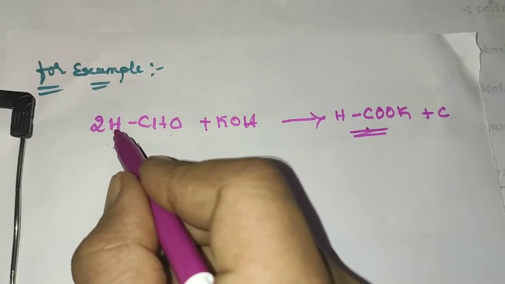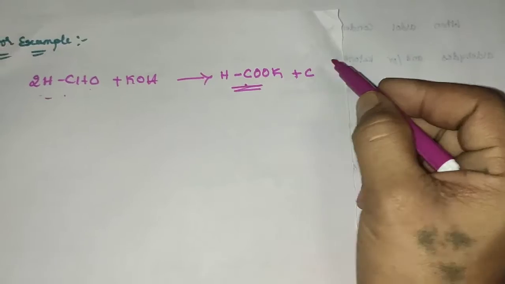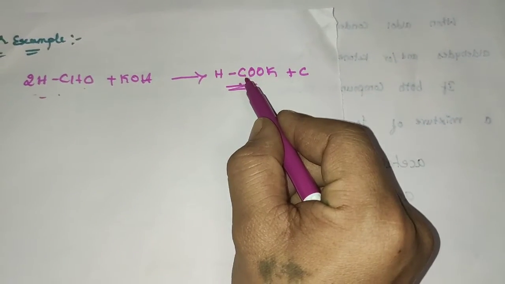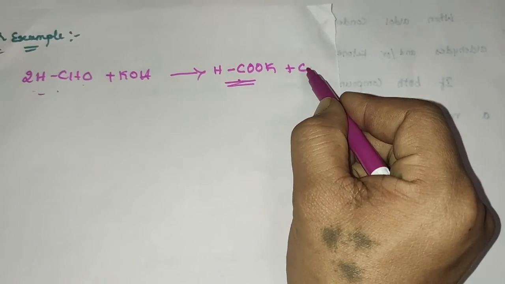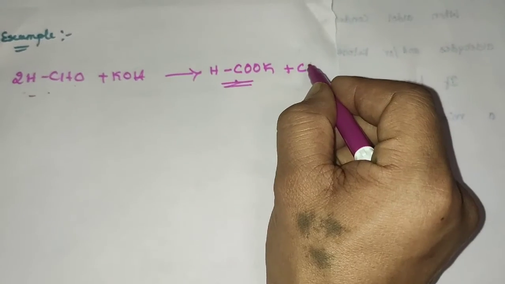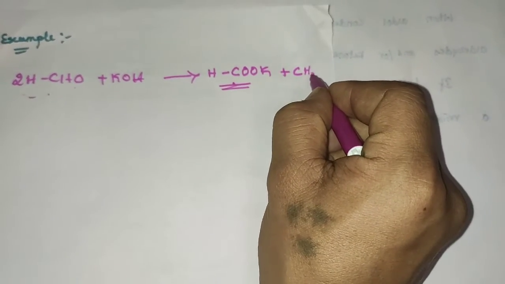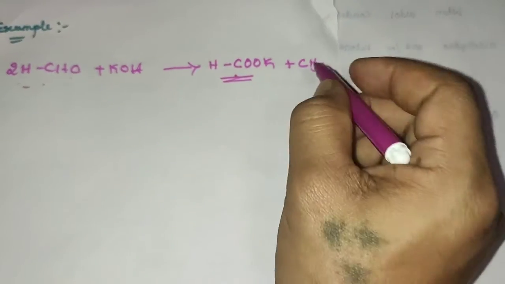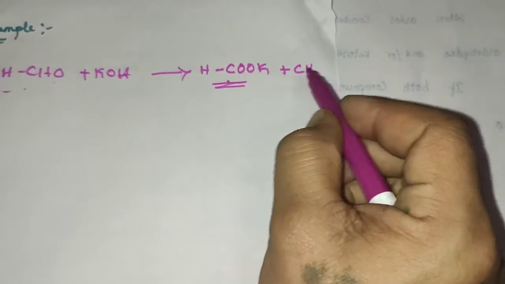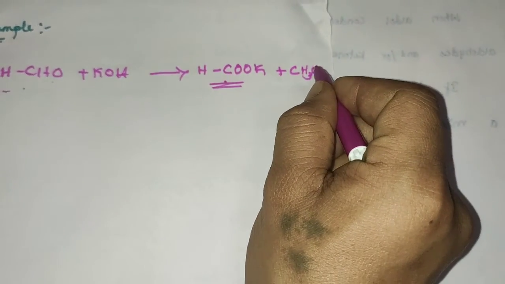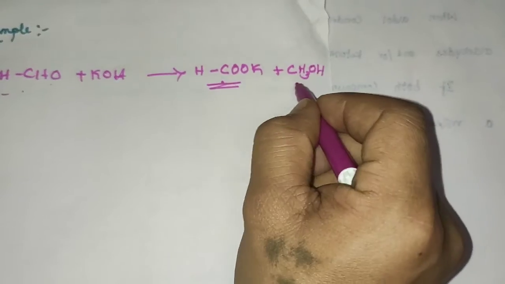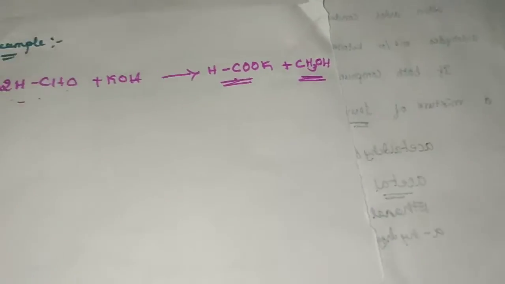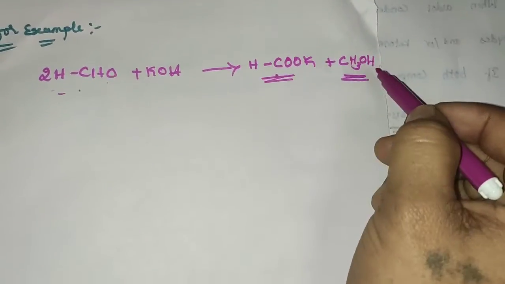Then hydrogen atoms will be 4, so CH3. Then how many oxygen atoms? Totally 3 oxygen atoms. We have already used 2, so now it will be 1 O and H. So this is alcohol, methyl alcohol or methanol.